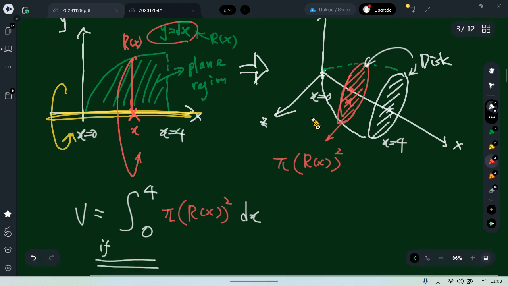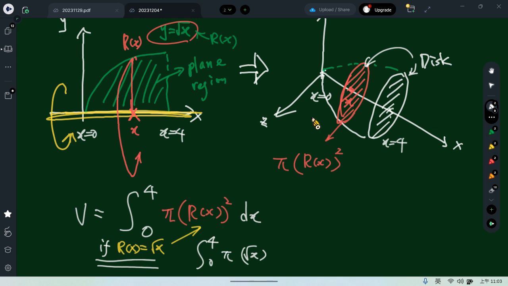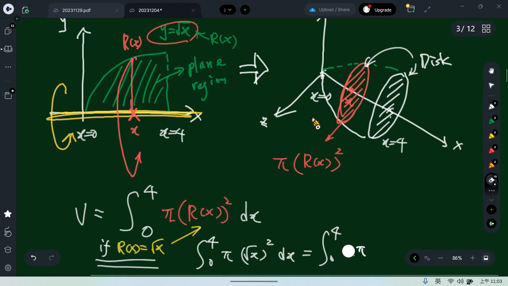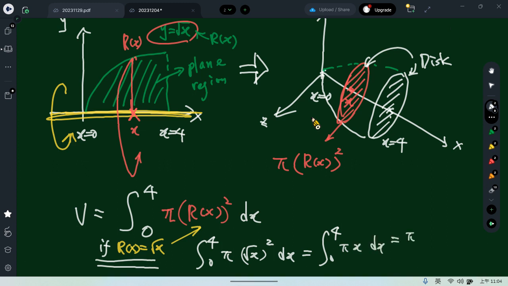We just replace this part to get pi times square root of x squared dx, then we can just get this one, very simple, pi x dx. This is easy, right? And finally the result is 8 pi.